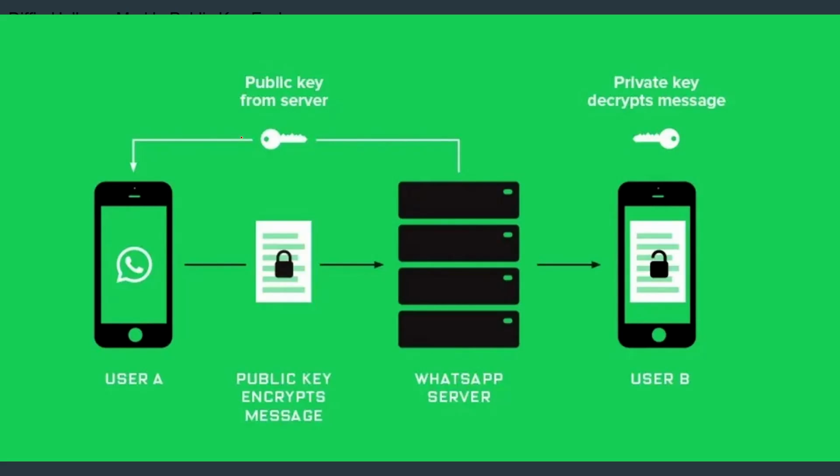This guy's public key you have, so you don't know his keys. But the WhatsApp server will know user B's public key. They will capture his public key on the back side.